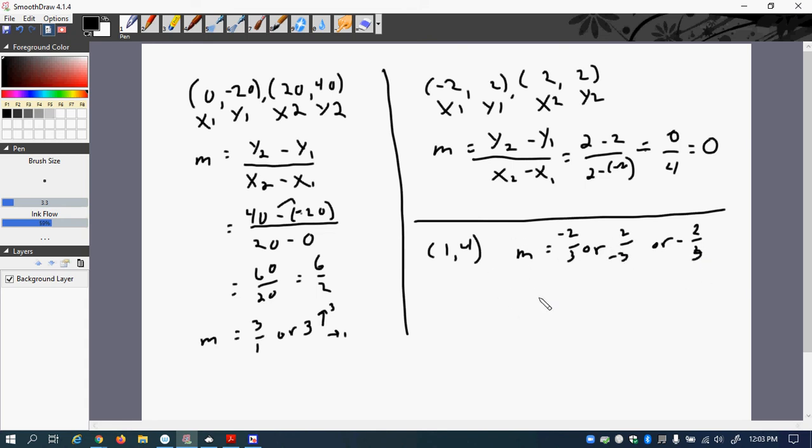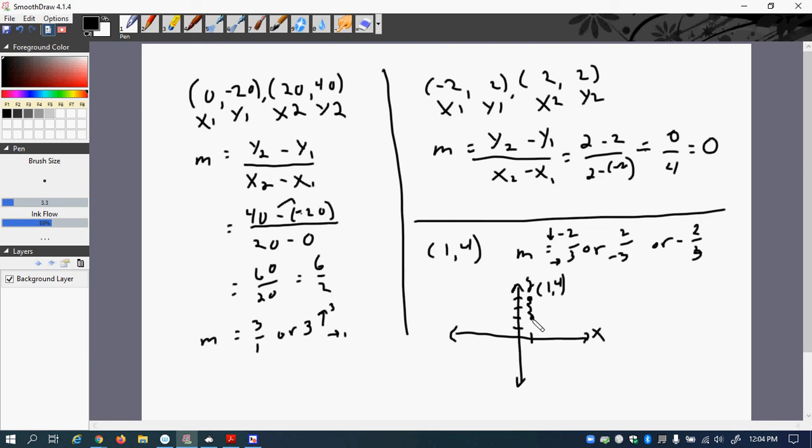So now if I do that, I draw my graph. Put in my point over 1, up 4. So here's (1, 4). If I want, I can go down 2 and go to the right 3. So I'm going to go down 1, 2, right?